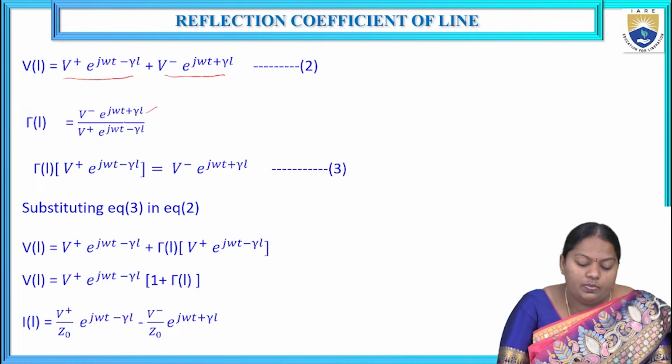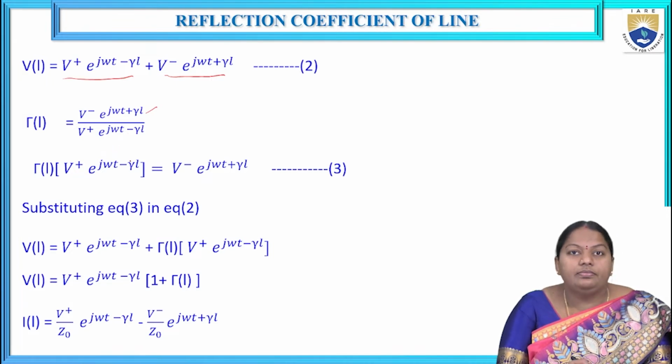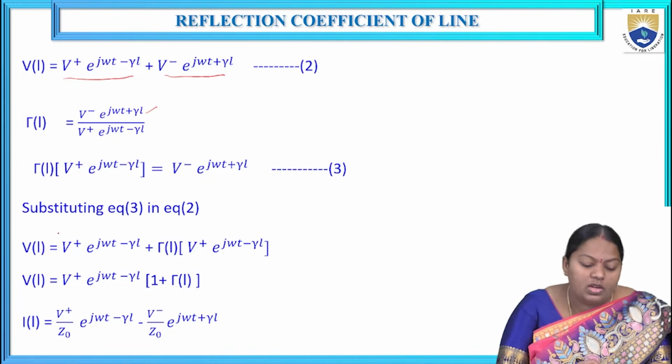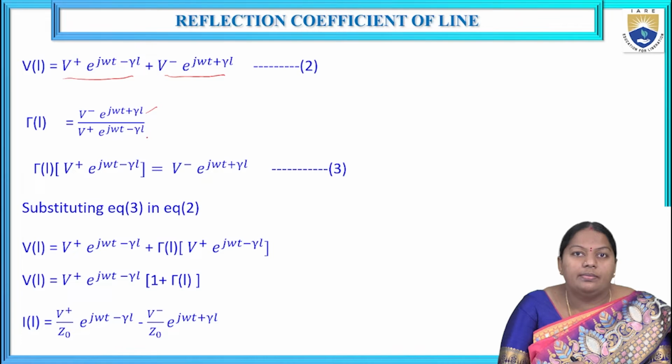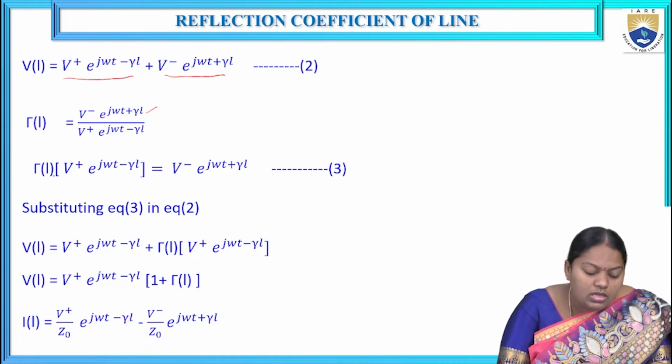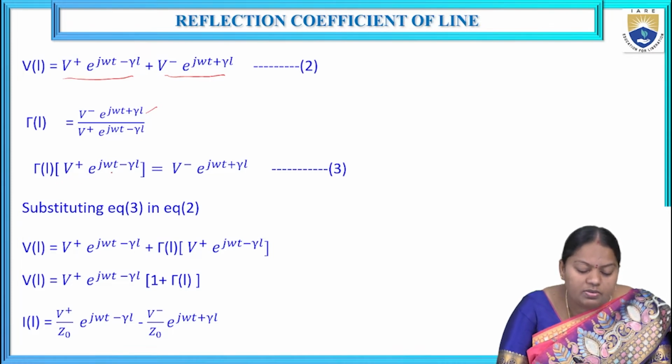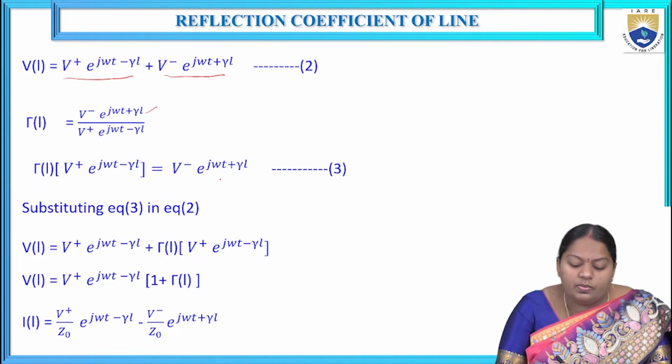So V minus into e power j omega t plus gamma L by V plus into e power j omega t minus gamma L. Now cross multiplication between these two means gamma L is multiplied with V plus e power j omega t minus gamma L, which is equal to V minus into e power j omega t plus gamma L. So gamma of L into V plus e power j omega t minus gamma L equals V minus into e power j omega t plus gamma L.